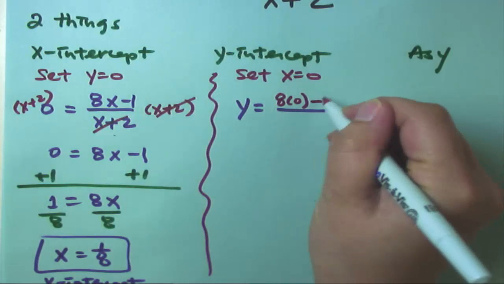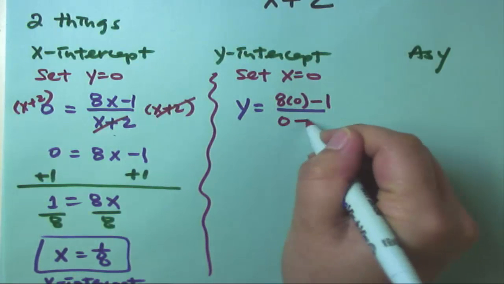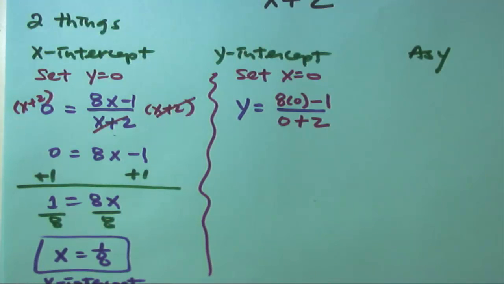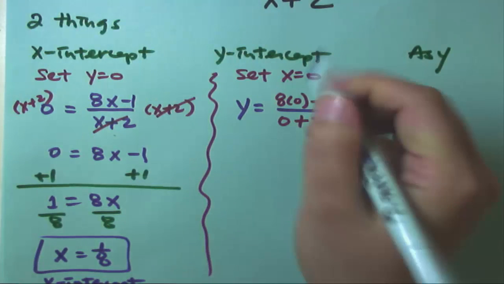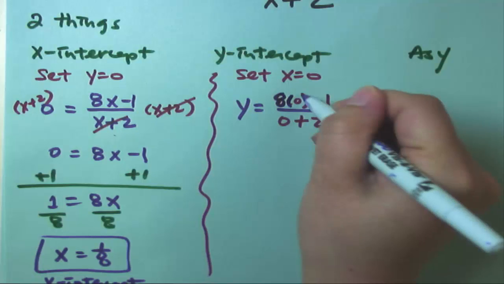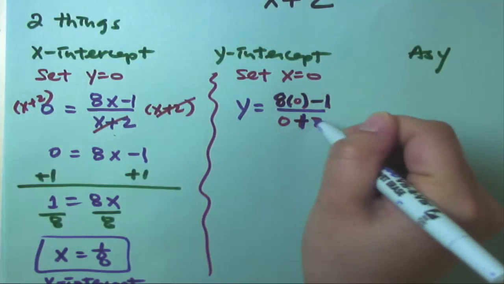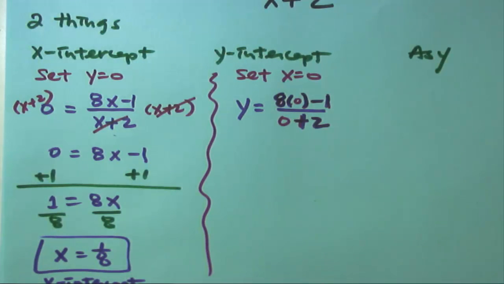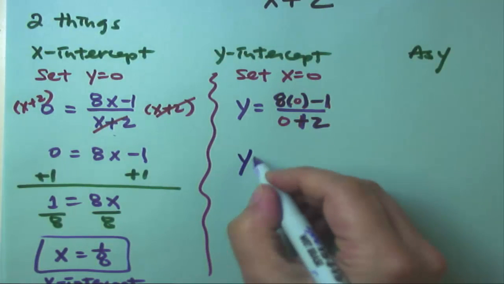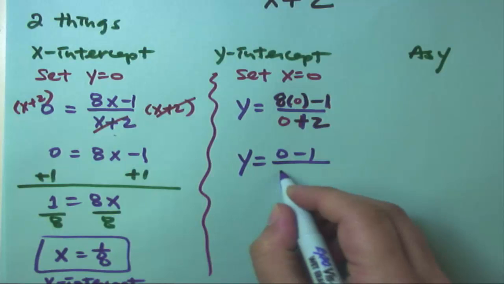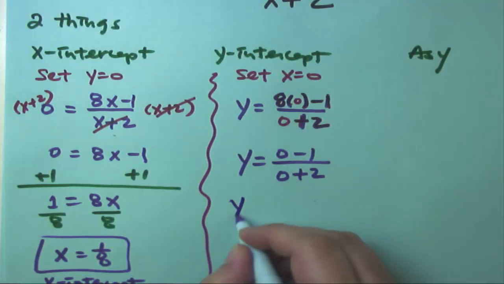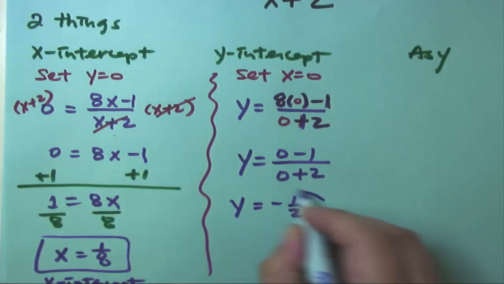And then you need to subtract 1, and then you have 0 plus 2. So you're only plugging in 0 for x. Alright. So the top part, you have 0 minus 1. Bottom part, you have 0 plus 2, so y equals negative 1/2.